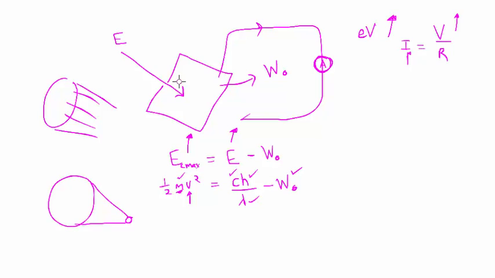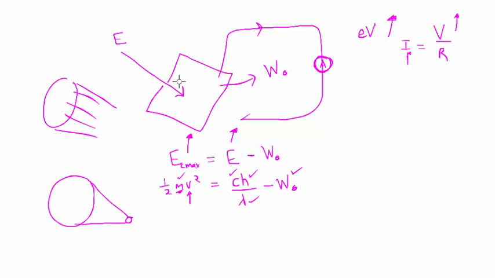Now, what will that affect? If I have more photons hitting the surface every second, will my electrons leave with more energy? No. There will be more electrons leaving. Yes, more electrons per second will leave.